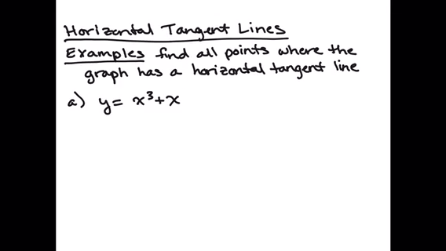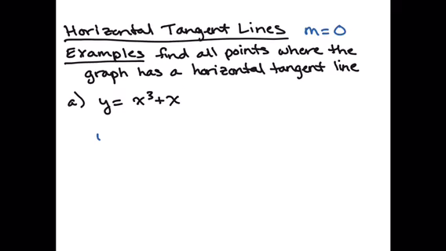Okay, our next set of examples asks us to find horizontal tangent lines. Horizontal tangent lines have a slope of 0. So if I ask you to find all the points where the graph has a horizontal tangent line, what we want to do is find the derivative, set it equal to 0, and find the values of x that make that true.